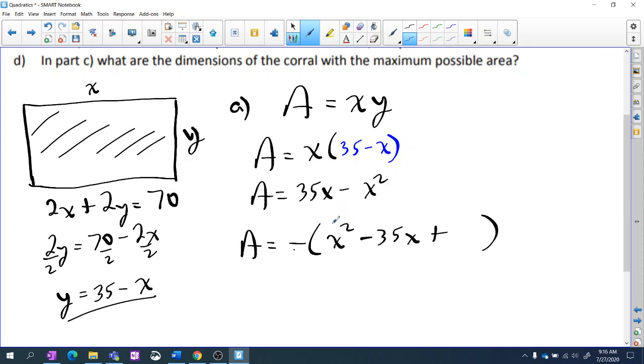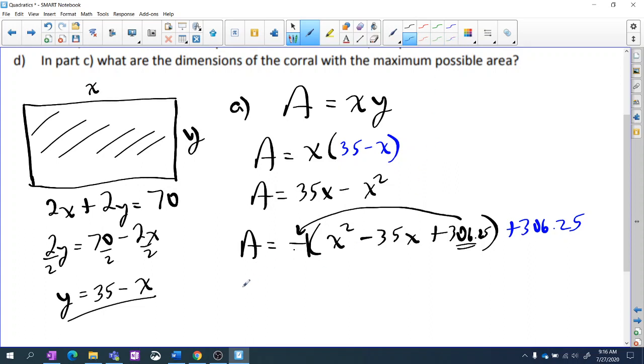So take half of 35, which is 17.5, and square it. 17.5 squared is 306.25. But that's going to get multiplied by a negative 1, which will make negative 306.25. So to offset that at the end, you would want to add 306.25.